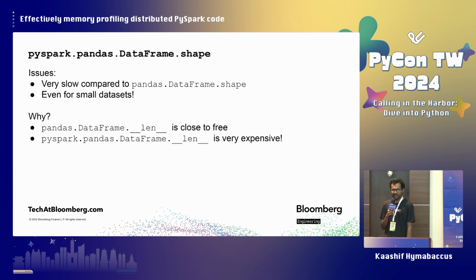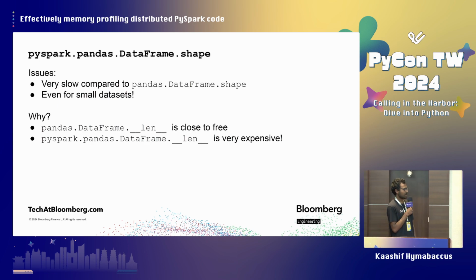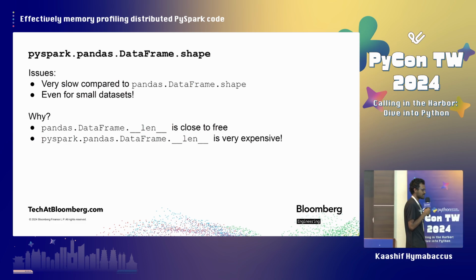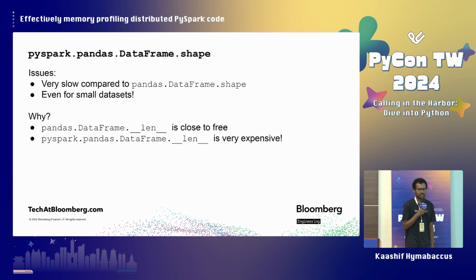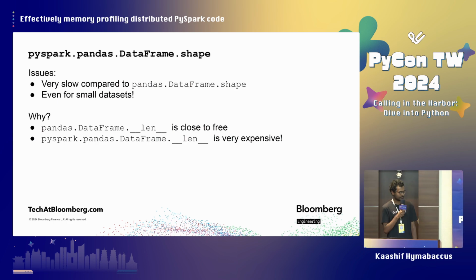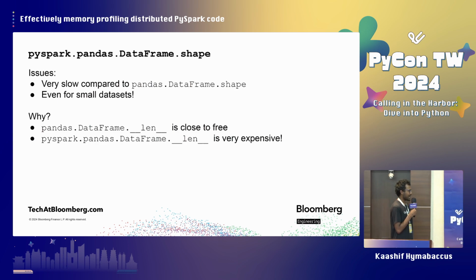What happens when you run shape in PySpark is that there's this gigantic fixed overhead from submitting the job to all of the workers, running the Java processes, spawning the Python workers and all of that. But even when you take that away, it's still, in some cases, much slower. And pandas data frame shape is close to free in some cases.